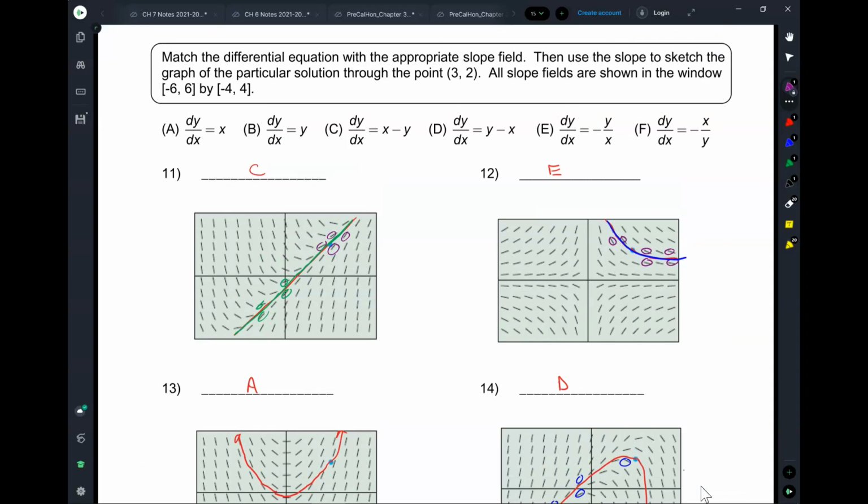Because take a look at what E says. E says when x is 0, the derivative is undefined. Undefined derivative means infinite slope. So like the slope has to be a vertical line. So here, when x is 0, that's along the y-axis, correct? So look at all your graphs to see which one along the y-axis has a straight up vertical slope.